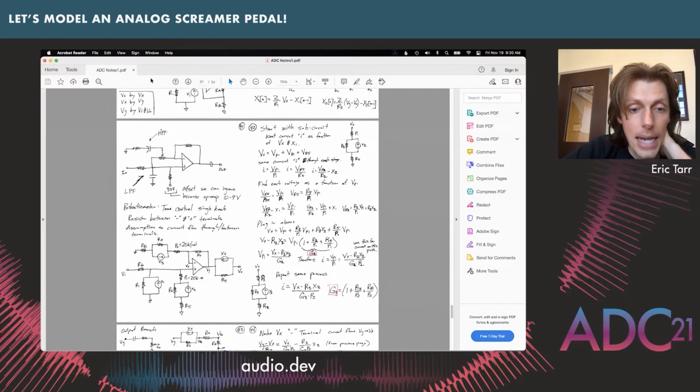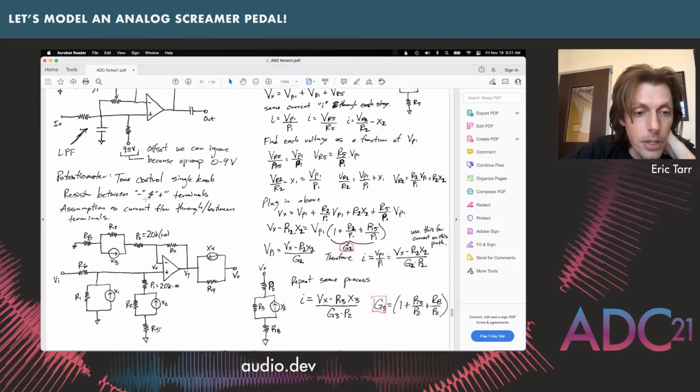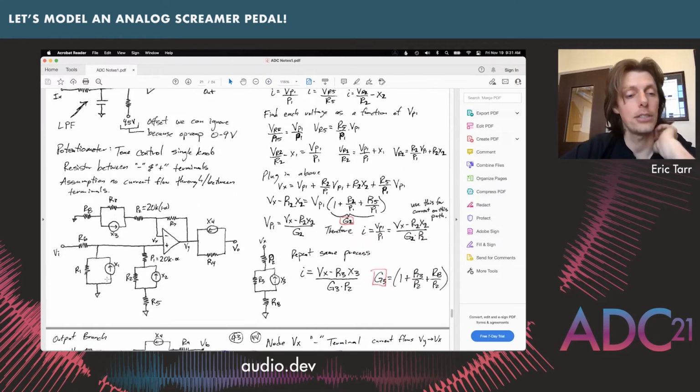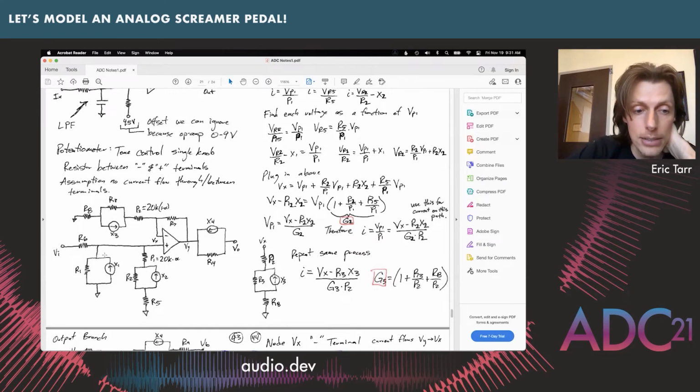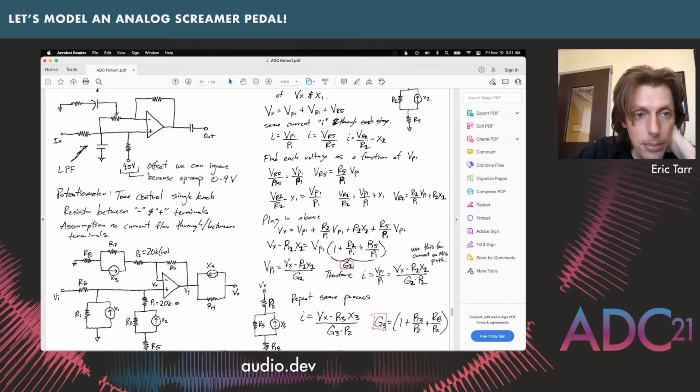This is the schematic for how it's written out in Electrosmash, but here's the model that I actually end up using down here. So I can zoom in on that. You can see where I'm making the substitutions for these different currents, or capacitors, with R1 and X1, and R2 and X2. So this branch up here, I borrow part of the resistance from the potentiometer, and then I have a capacitor and a resistor.